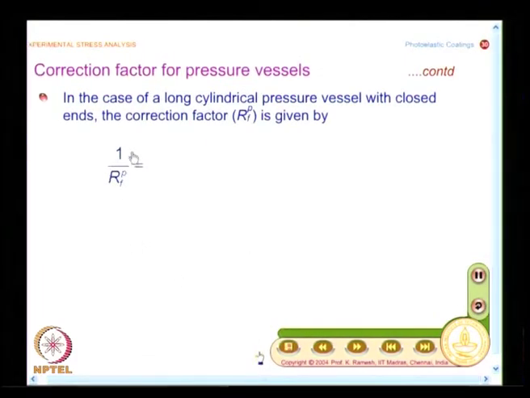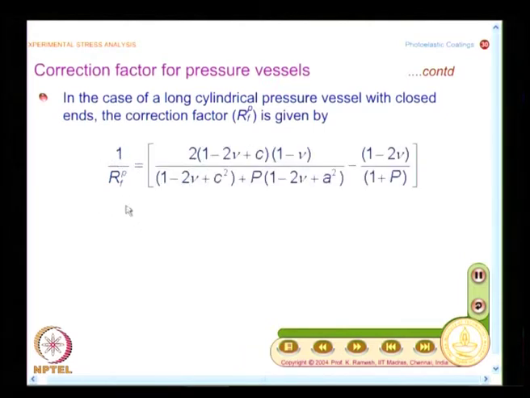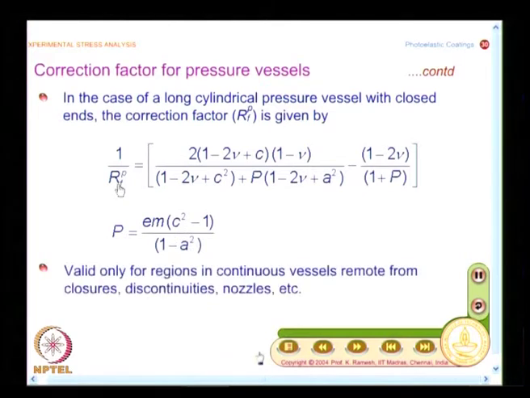And this is slightly written down in a different fashion for convenience. You get only 1 by RFP, and I have this as 2 into 1 minus 2 nu plus C into 1 minus nu divided by 1 minus 2 nu plus C squared, plus P into 1 minus 2 nu plus A squared minus 1 minus 2 nu divided by 1 plus P, where P is given as E m into C squared minus 1 divided by 1 minus A squared.